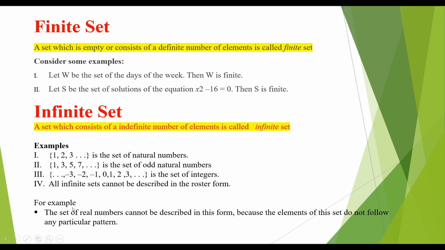For example, the set of real numbers cannot be described in roster form because its elements do not follow any particular pattern. It can go on however it wants. So not all infinite sets can be described in roster form. You should remember this point.